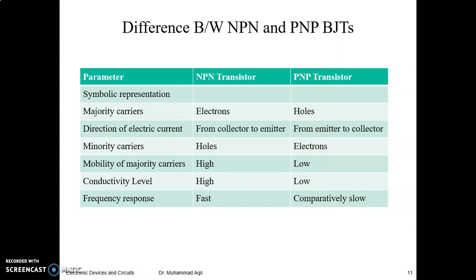The movement of electrons because of the holes is the hole current, right? So that's why this current is high. So conductivity level is high in the NPN transistor as compared to the PNP transistor. So it means the frequency response is also very fast for NPN, whereas comparatively low in the PNP transistor, right?